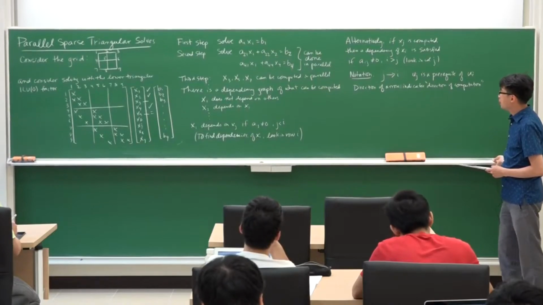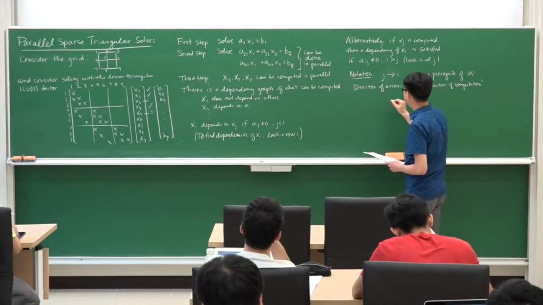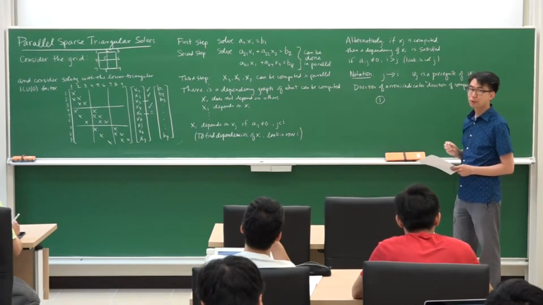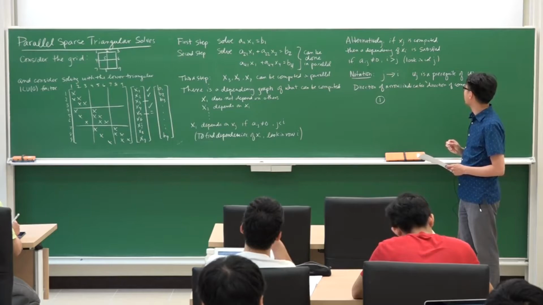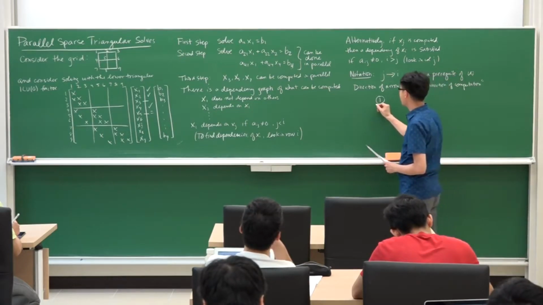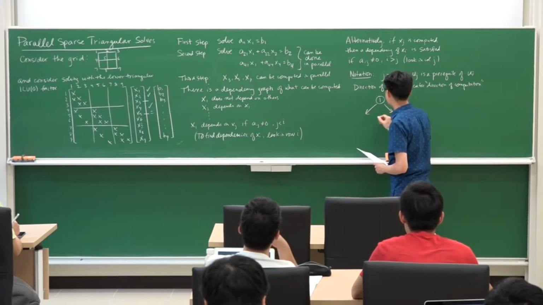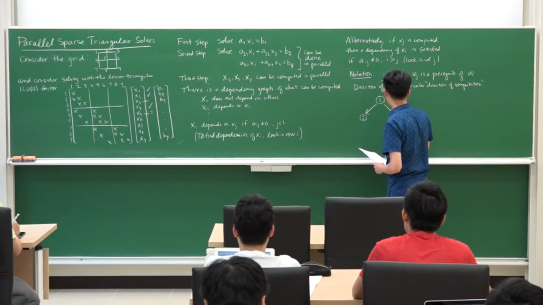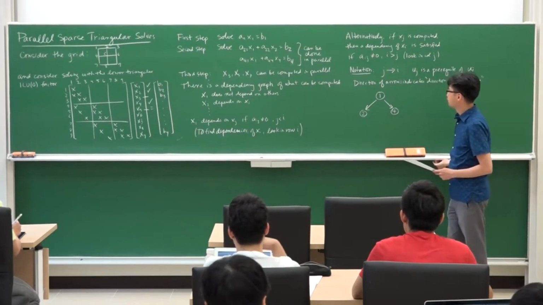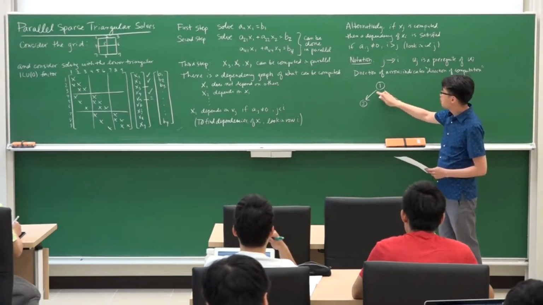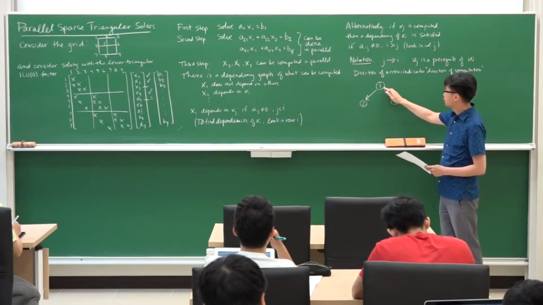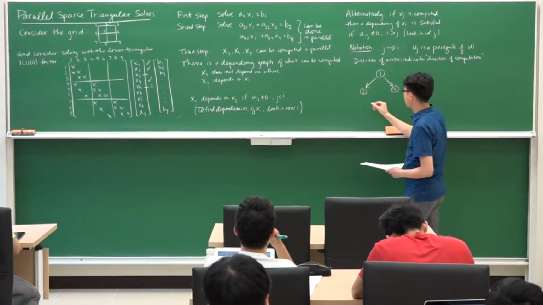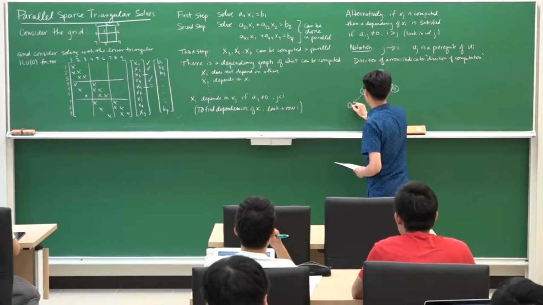Okay. Now, if we use this arrow notation, I can say, well, here's node 1. We're going to do that first, right? And it's a prerequisite of two things, 2 and 4, right? So 4 depends on 1, 2 depends on 1. Alternatively, 1 is a prerequisite of these two. And similarly, 2 is a prerequisite of 3 and 5.